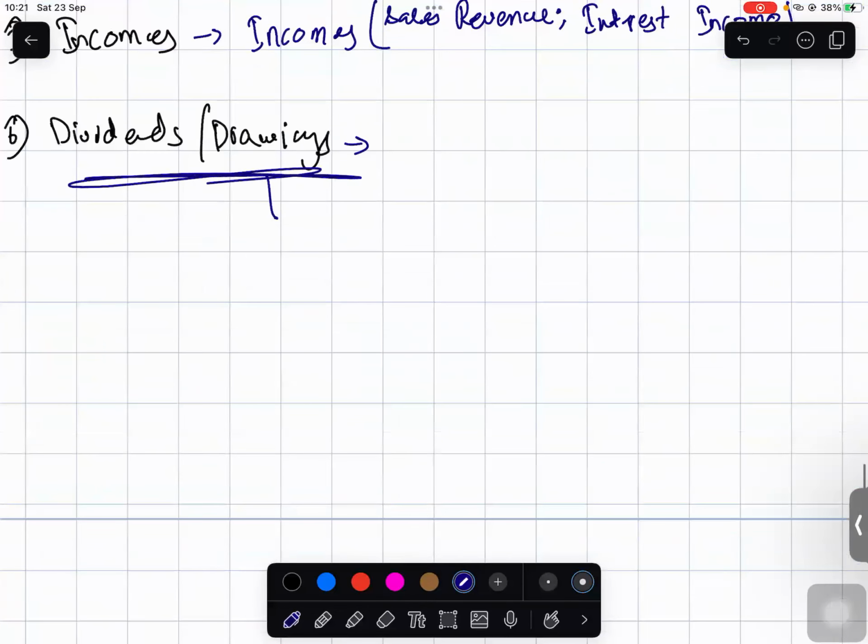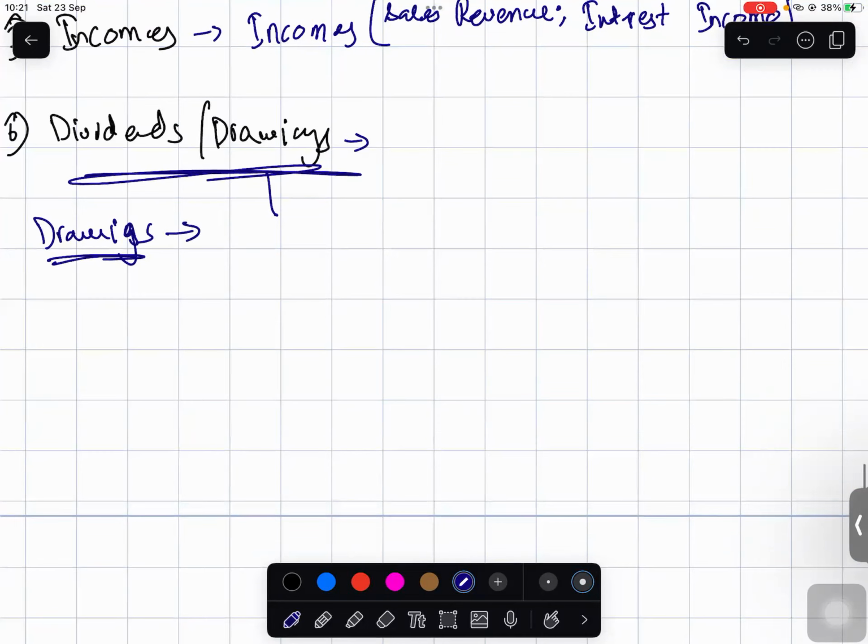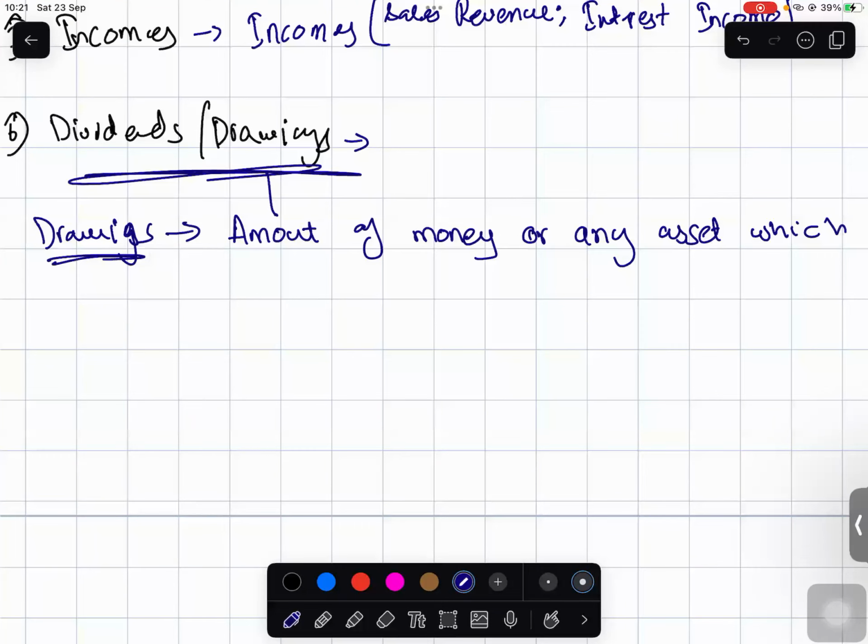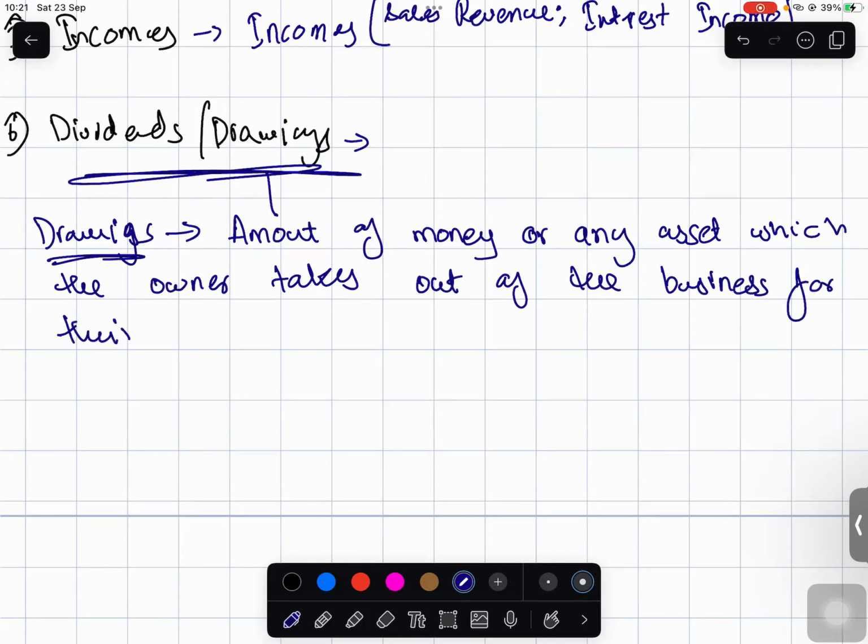So, let's start here. Drawings. Drawings are basically an amount of money or any asset which the owner takes out of the business for their personal use.